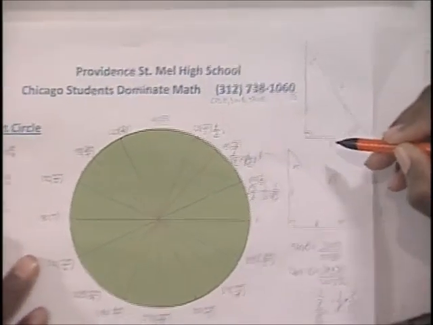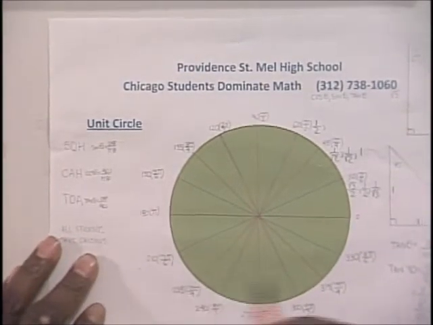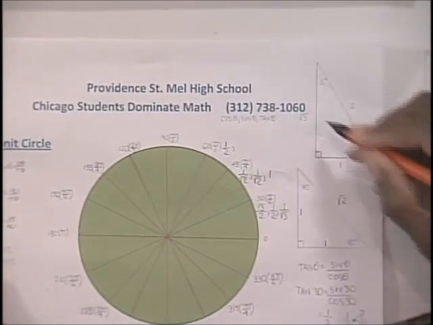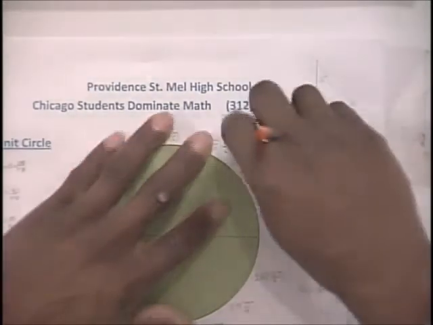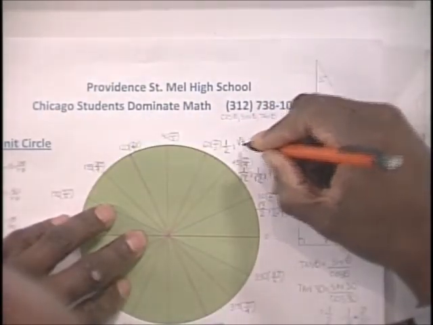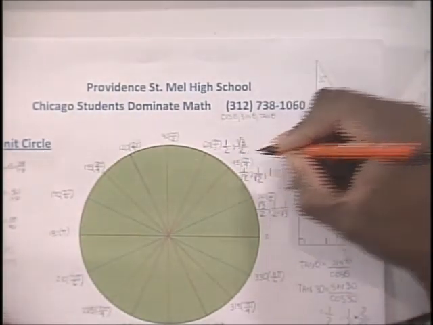The sine of 60, sine by definition is the opposite over hypotenuse. The opposite of 60 is radical 3. The hypotenuse here, sorry about that, that should be radical 3. The hypotenuse of this triangle is 2.